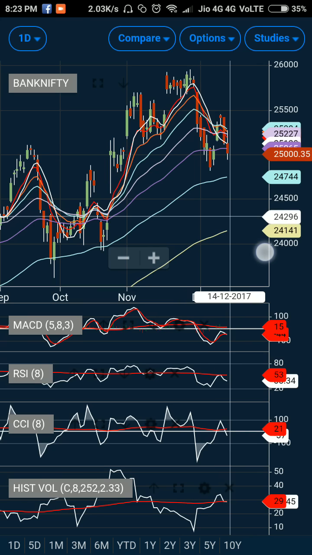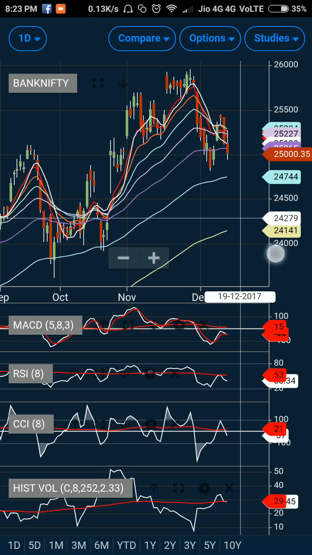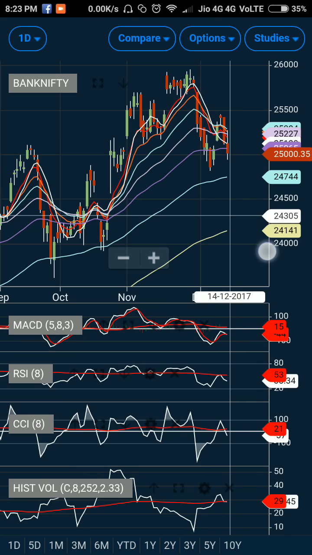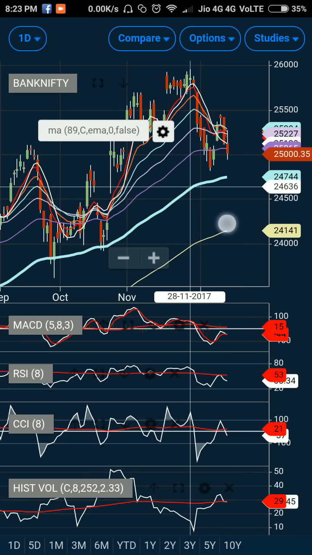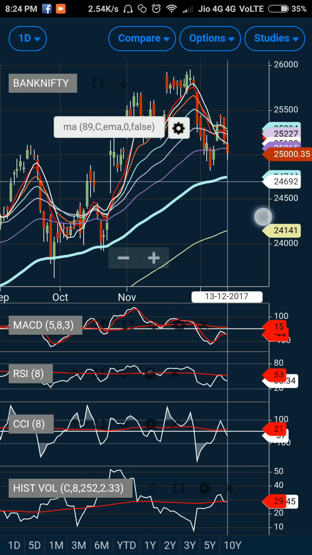So a stable to bearish market is what call participants are expecting. On the put side, again I can see clarity here, at 24,700 and 24,900. I can see a fresh bearish position getting created. The 89-day exponential moving average is the next logical target, and that's where the aggressive bearish position has been created.